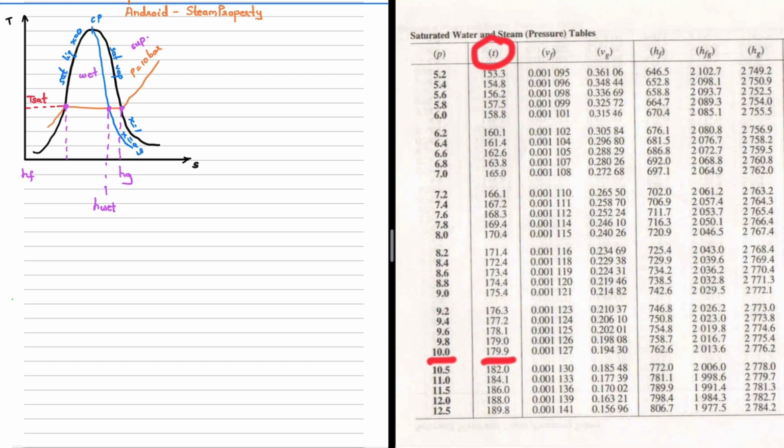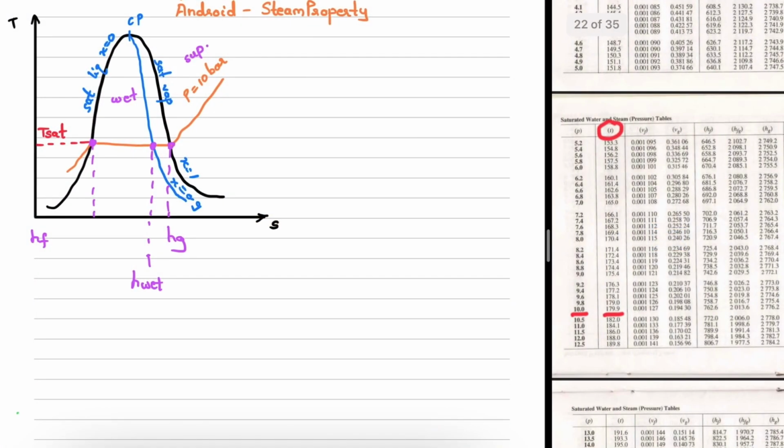179.9 degrees Celsius. So let me write down this value over here. Tsat value is 179.9 degrees Celsius.